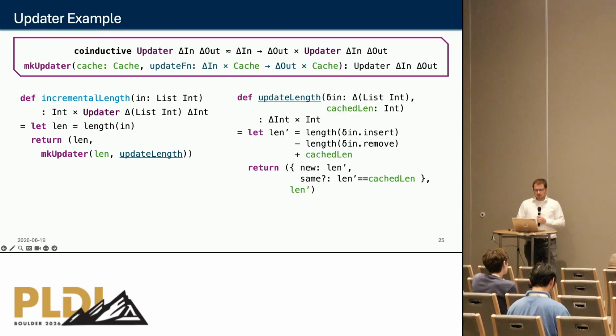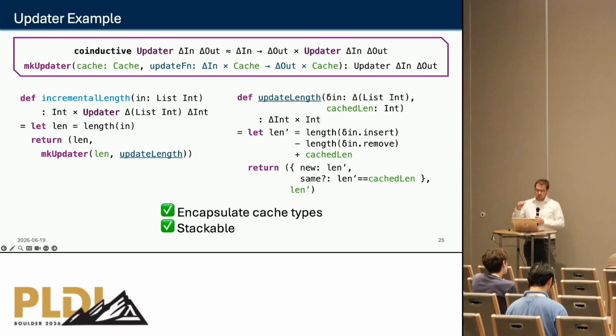And finally, it returns the change value for the length, which contains the new value and a flag indicating whether it changed, and also the new length as the new cache value. So in summary, the updaters encapsulate their cache types, and we can still stack changes on top of each other, which is important for probabilistic inference.